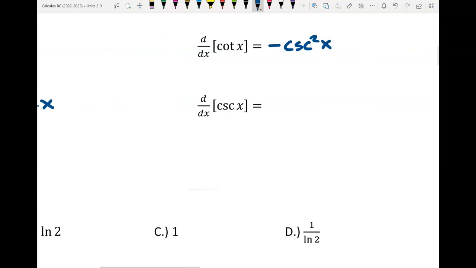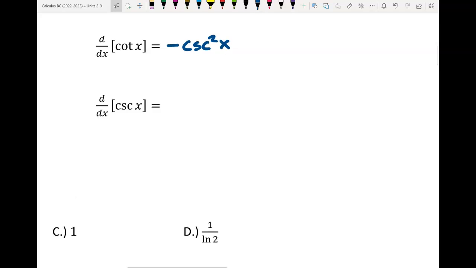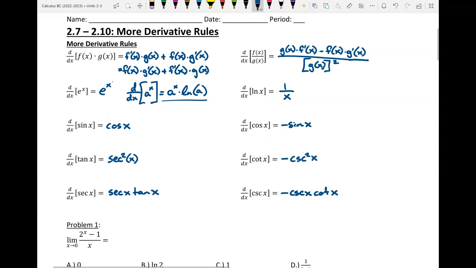And cosecant is negative cosecant times cotangent. All right, so those are our different derivative rules. We're going to make sure we remember them so we can use them.